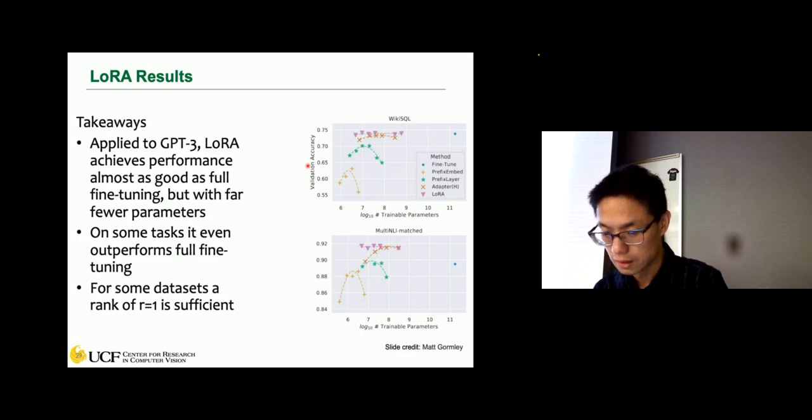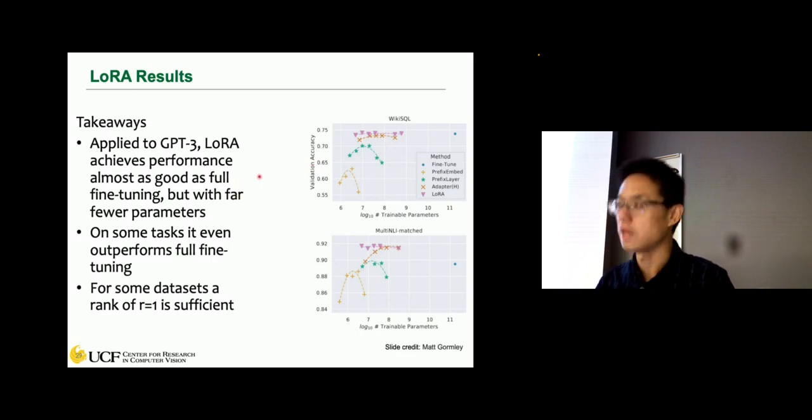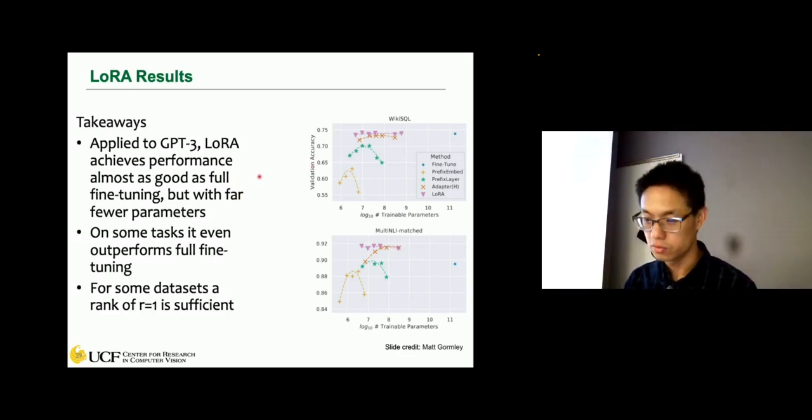Also, if you have a small amount of data and do full fine-tuning, as we mentioned earlier, it is prone to overfitting, so it sometimes even degrades the performance. If you use this efficient fine-tuning, it reduces the overfitting risk.